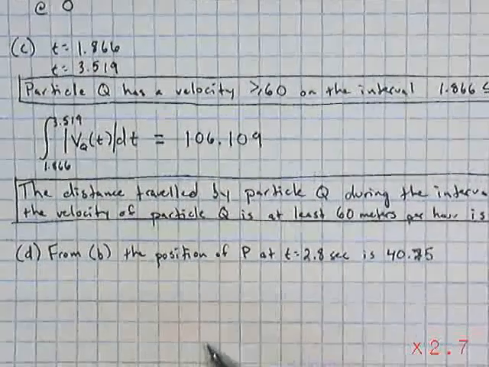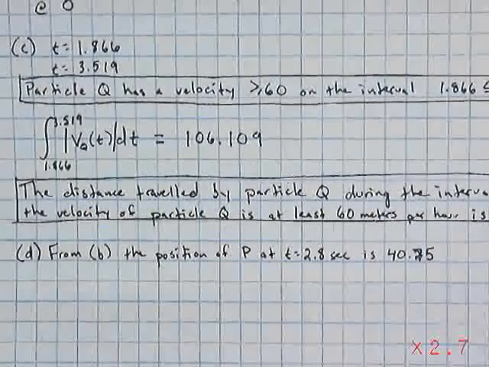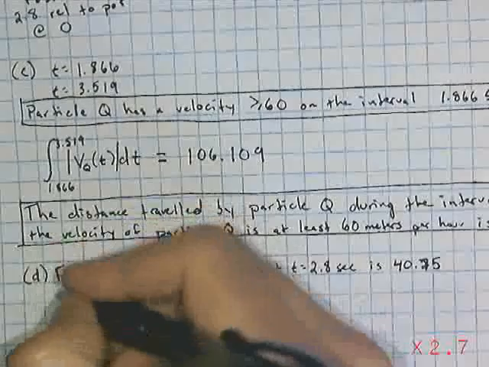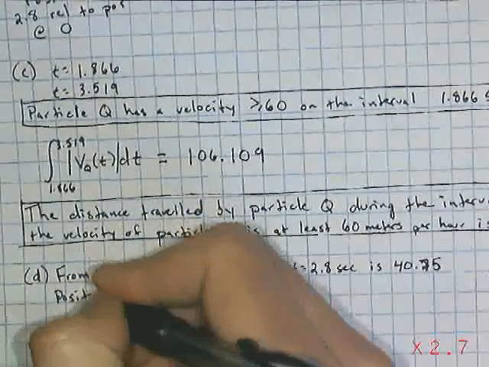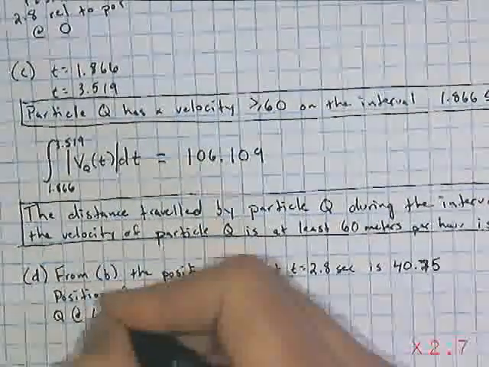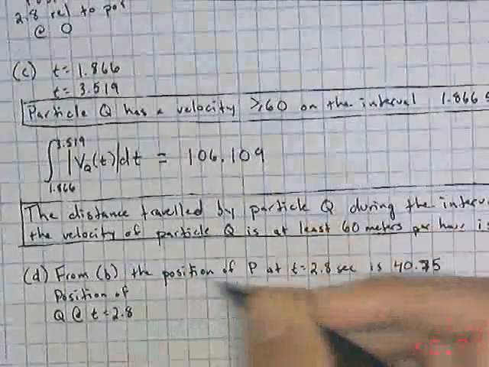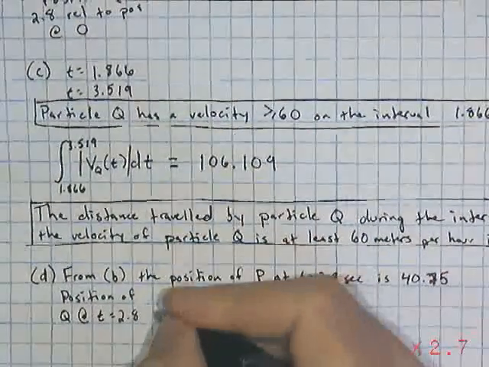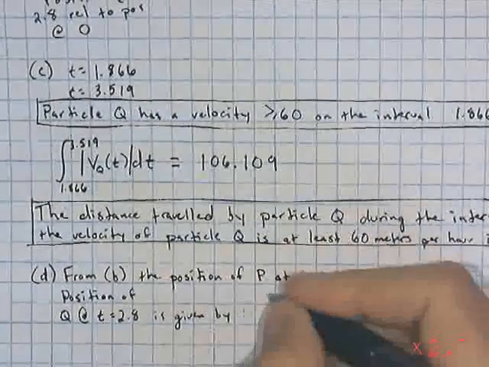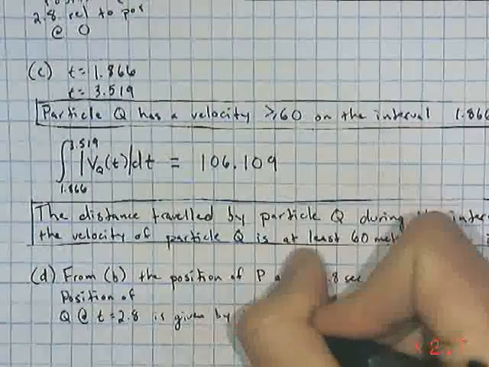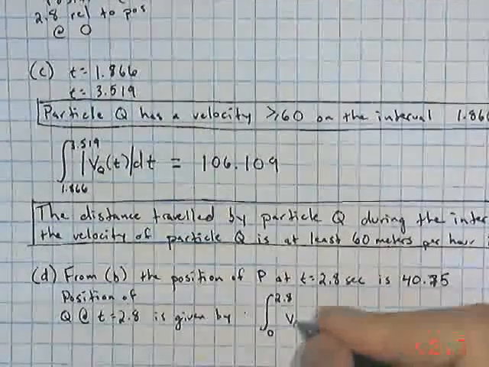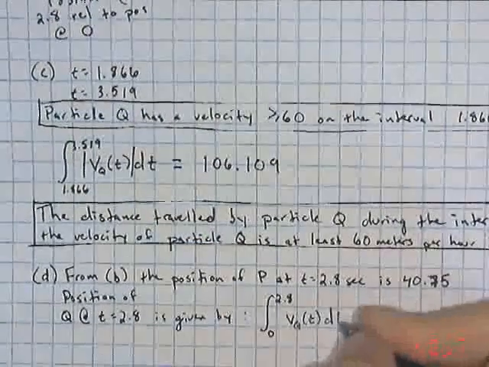So we need to give the position of particle Q at 2.8 seconds. The position of Q at t equals 2.8 is given by this same integral from 0 to 2.8 of v sub q of t dt.